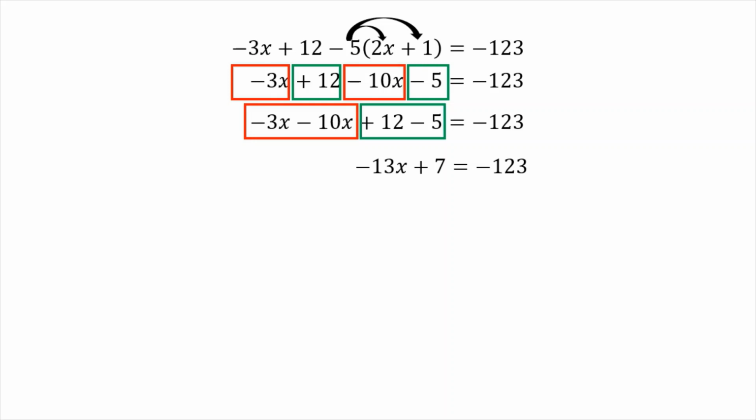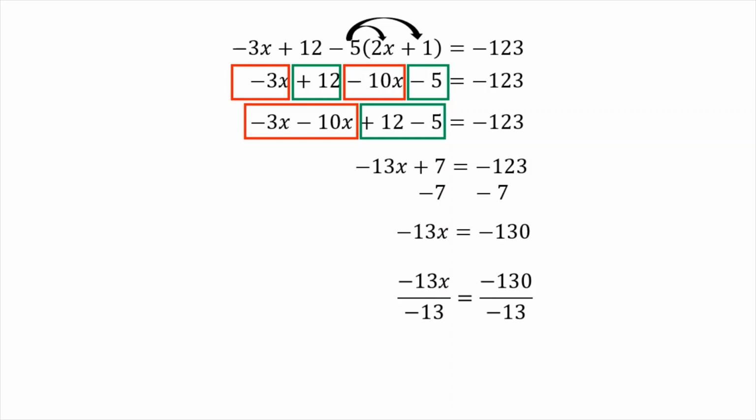Okay, now it's just a plain old two-step equation. So the opposite of adding 7 is subtracting 7. So we'll do that on both sides. Remember, we're saying negative 123 minus 7. We're getting more negative there. So I end up with negative 13x is equal to negative 130. Now the opposite of multiplying x by negative 13 is dividing.